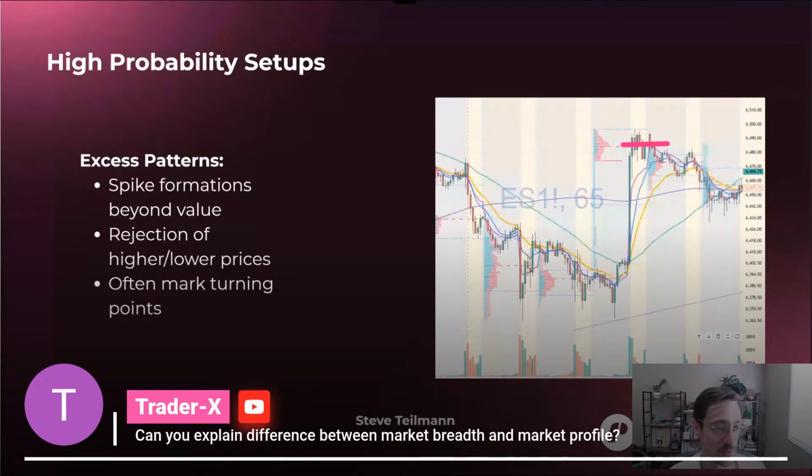Can I explain the difference between market breadth and market profile? Yeah, so market profile is the actual indicator on the side of the screen, showing where price has transacted. Usually market profile refers to TPO, which is time price opportunity, and that one looks very similar, except it's going to have little A, B, C, D, E, F, Gs to represent the different half-hour sections of the day.